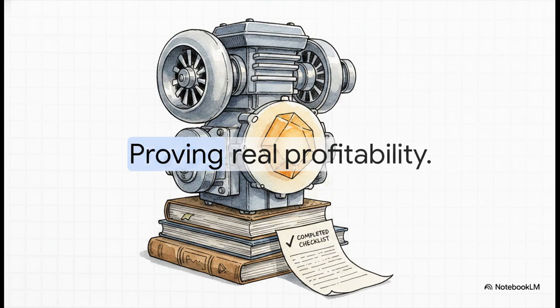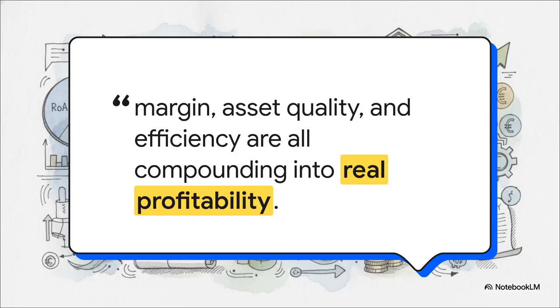After running this whole engine and turbocharger comparison, we arrive at the ultimate deliverable for this step, proving real profitability. And it all culminates in this really powerful thought from the source material. This step is literally the quantitative confirmation of whether margin, asset quality, and efficiency are all compounding into real profitability. That's what this entire process is about.